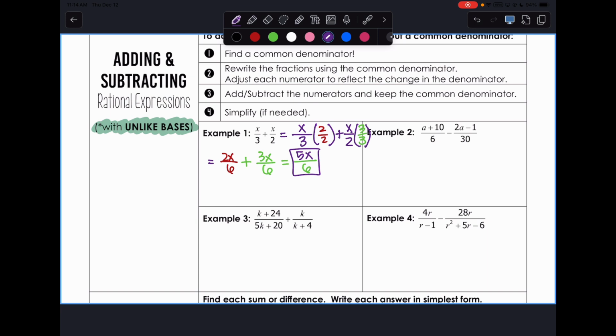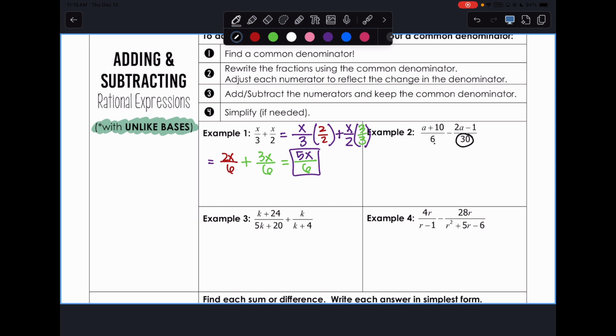All right, do we have a common denominator for example 2? Not yet. What should be my common denominator? 30. Good. Then that means that I don't have to do twice as much work and multiply both addends or subtrahends. I forgot what they're called, the pieces that are being subtracted. Which one needs to be multiplied so I can get a 30 as my denominator?